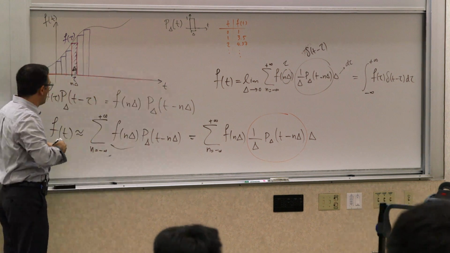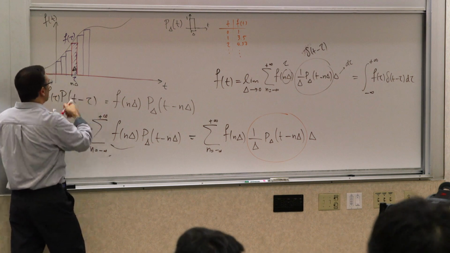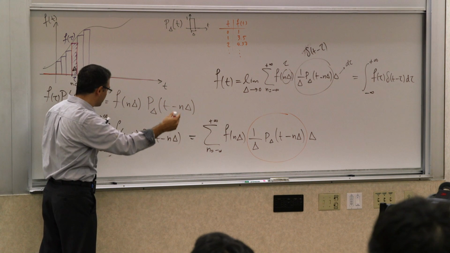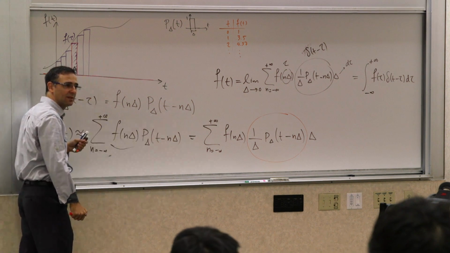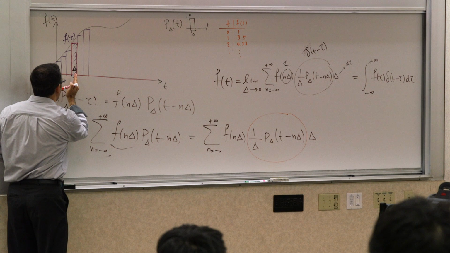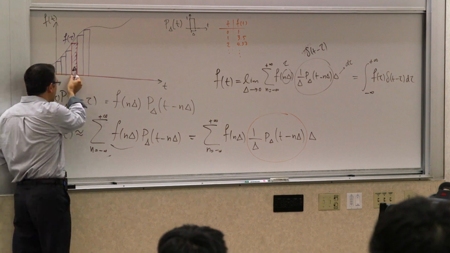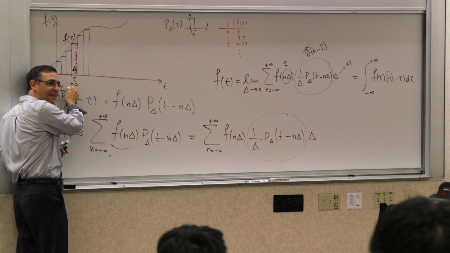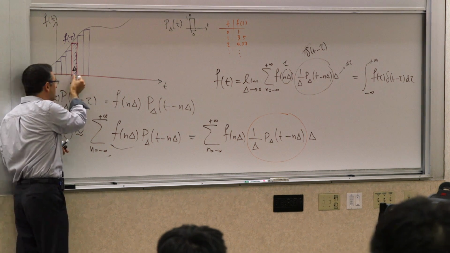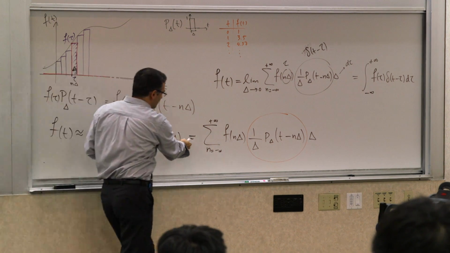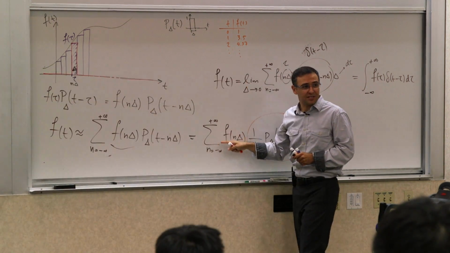Right? So now I'm making this out of a whole bunch of these functions that are 0 at all times except for these little short intervals. That's the sum. Now, this summation is done over the parameter of this. That's this n. This n moves this pulse across. Right? So that's where the summation is happening.